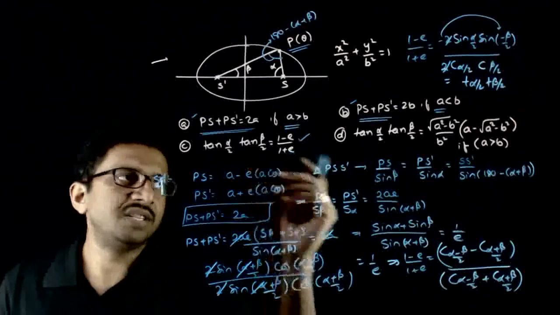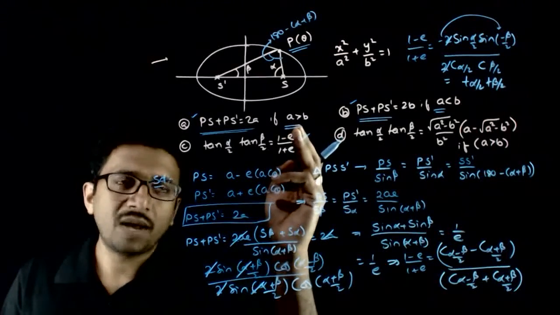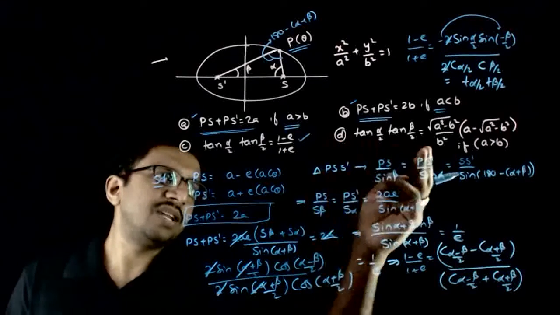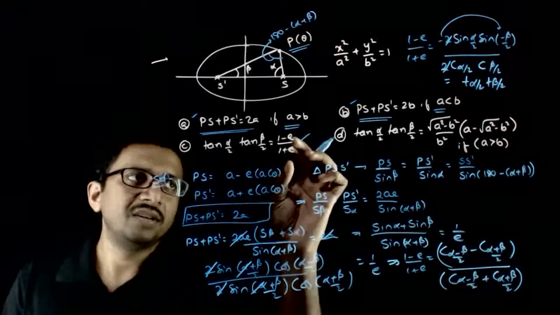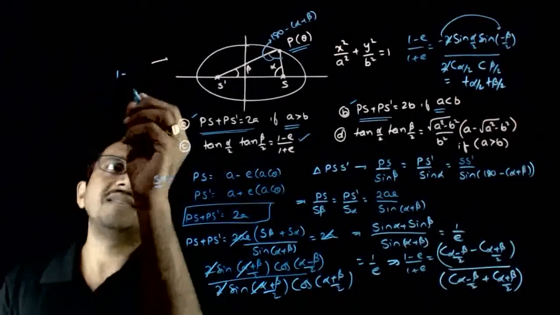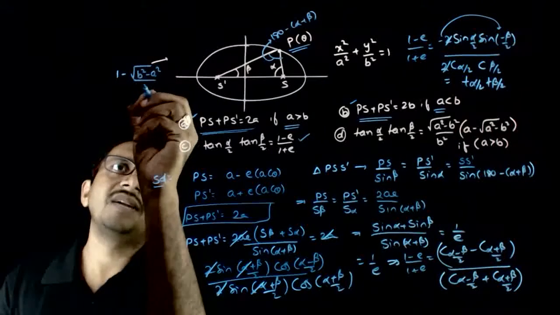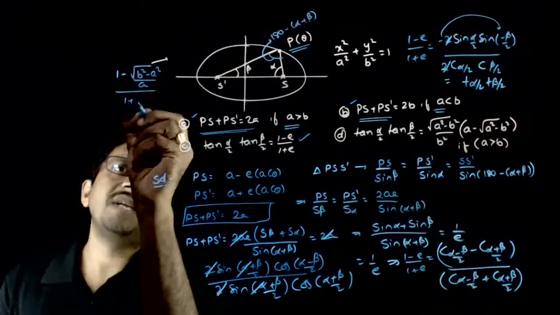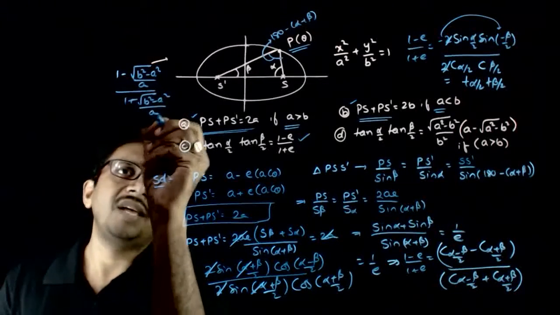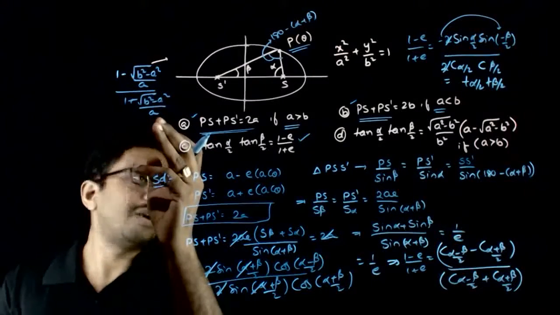Now E is root of 1 minus B square by A square. Even if I put that, is there any possibility to get option D? If you put E, then 1 minus E is root of (B square minus A square) by A, by 1 plus root of (B square minus A square) by A. So obviously you are not getting this.